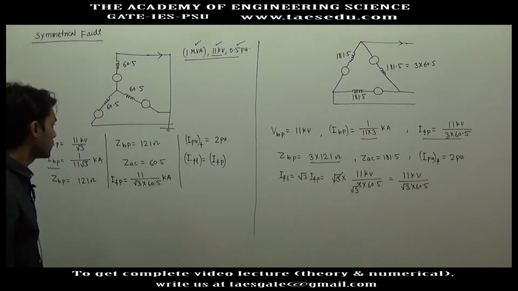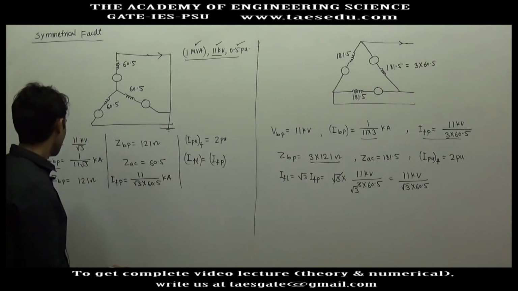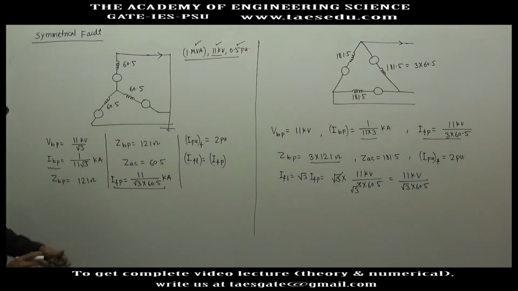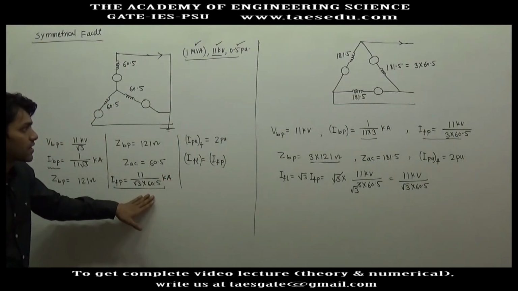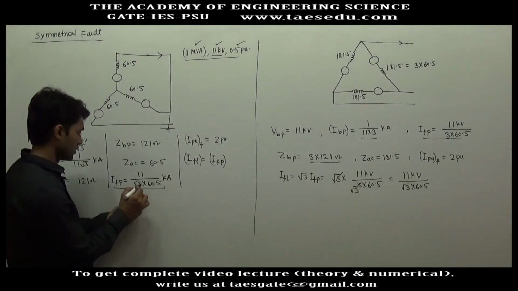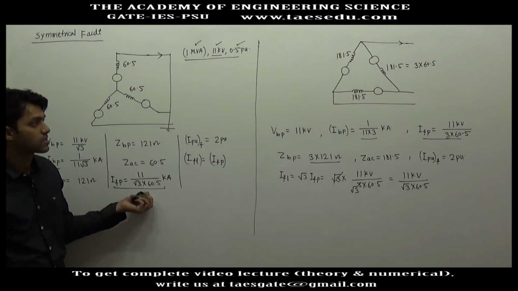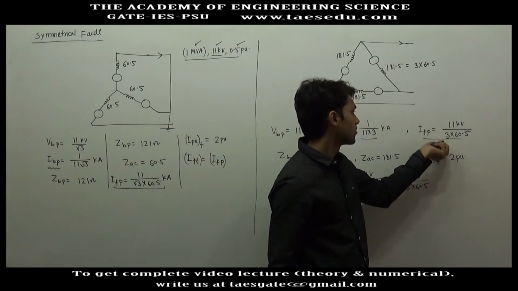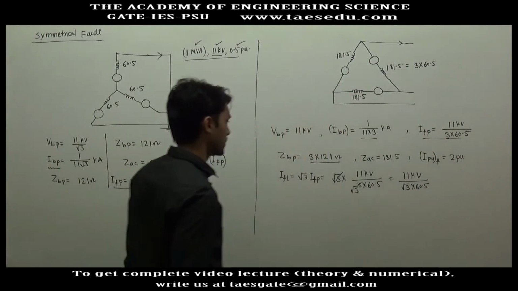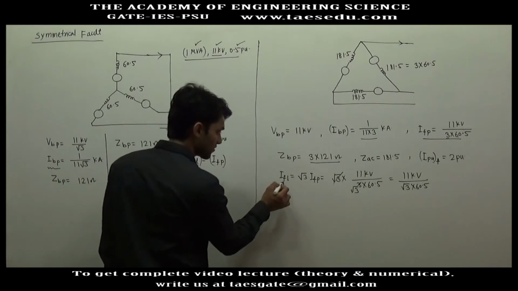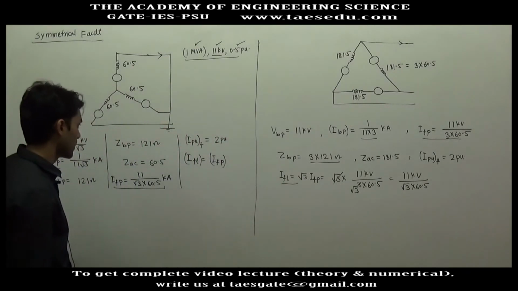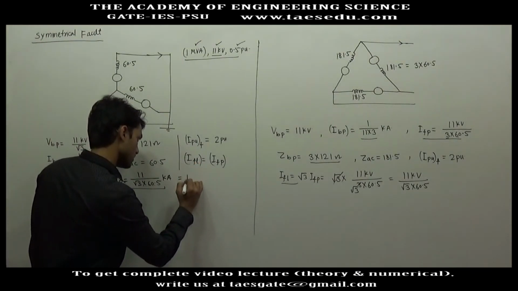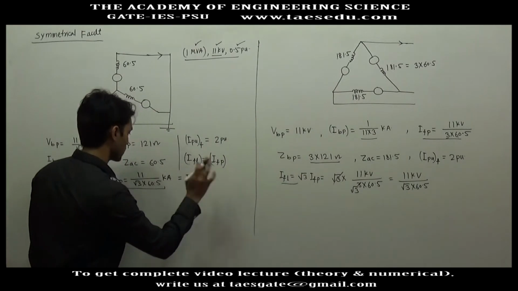Okay, if you will compare the phase value of fault current in star and delta, this is the value of fault current in phase in case of a star, and this is the phase fault current in case of delta. These two quantities are different, but if you compare the fault current flowing in line, you will find that these two are equal.